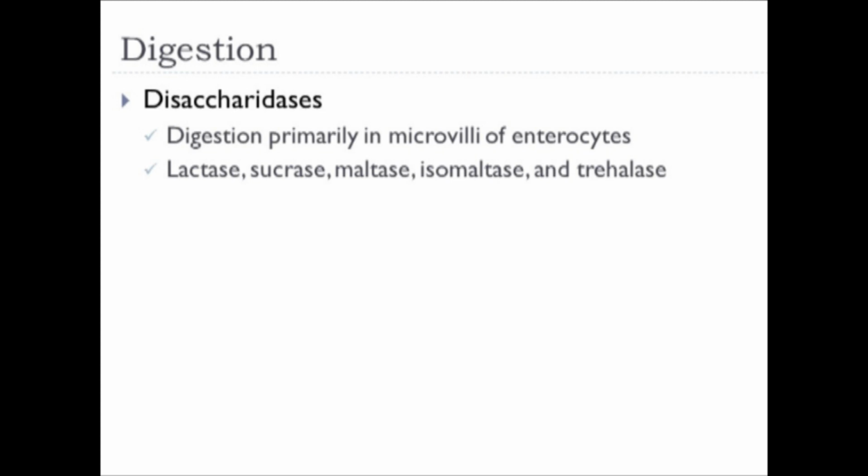So we have in this very close proximity to the enterocytes the lactase, the sucrase, the maltase, the isomaltase, and the trehalase enzymes that are breaking down these finer sugars and allowing them then to enter the enterocytes, which will then further expel them into circulation afterward.